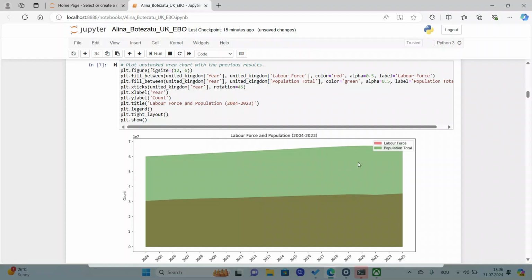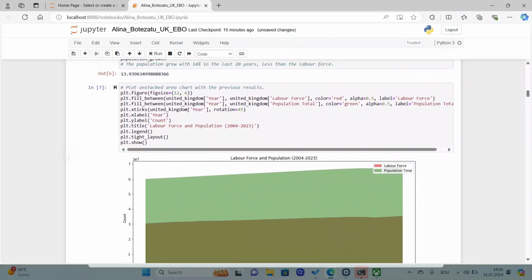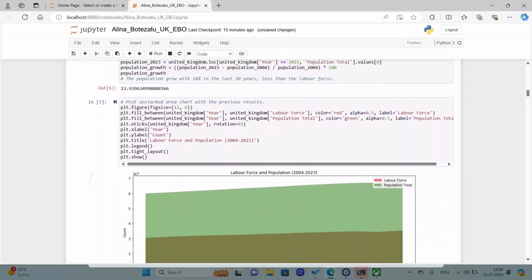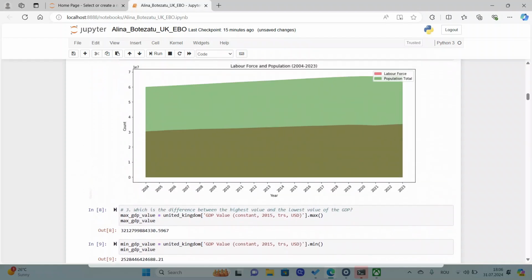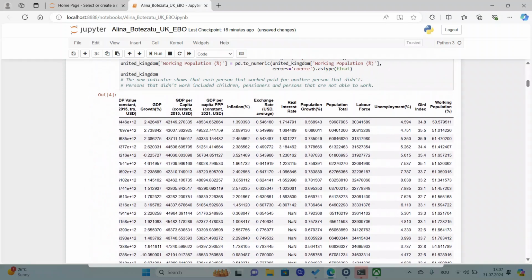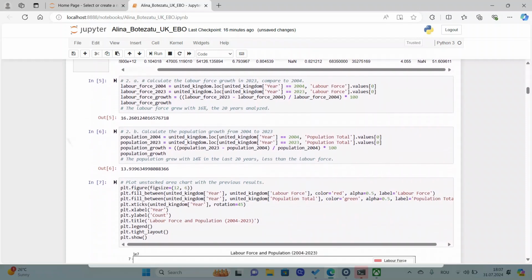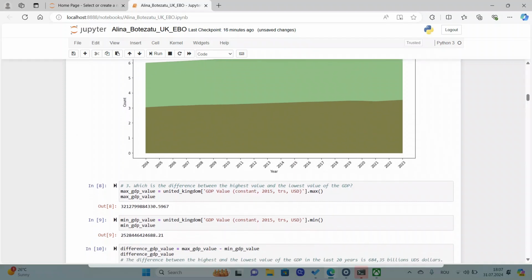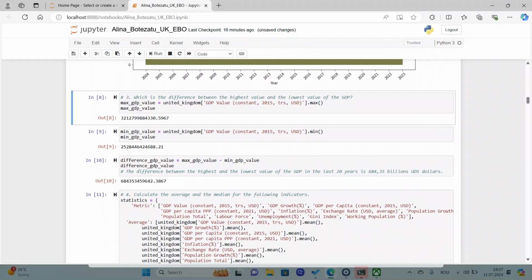Green is the population, and lower is the labor force. So basically the new indicator shows that only half of the total population worked.